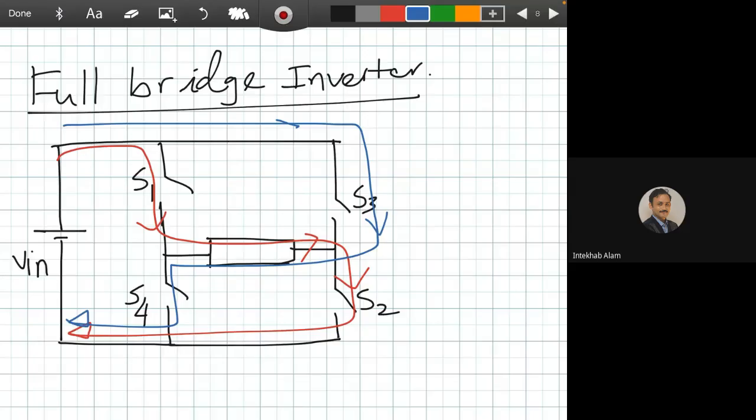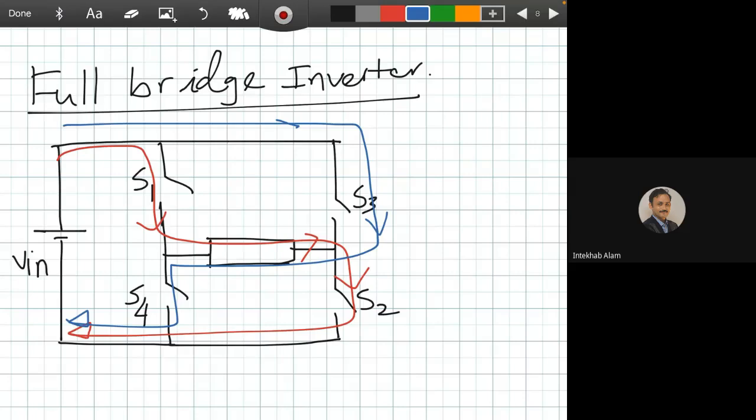Okay, is it understandable? So you'll get the AC output. Do you have any question regarding this point?